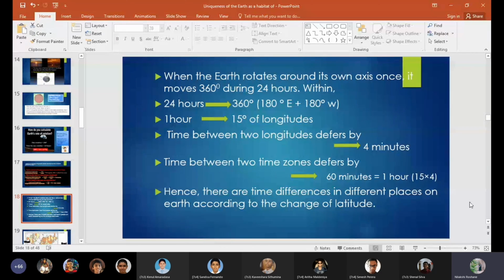So you get the answer as 1 hour or 60 minutes. Hence there are time differences in different places on Earth.